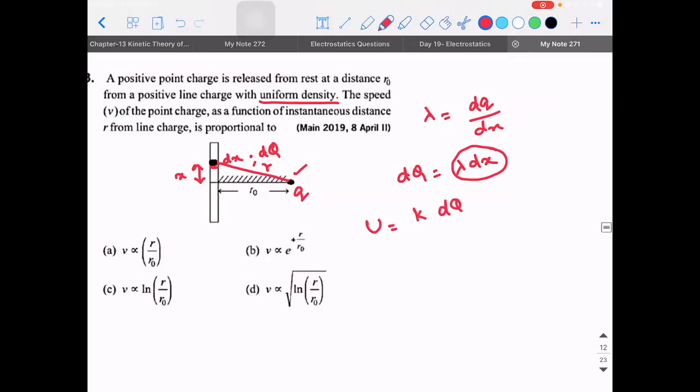K dq into q divided by r. Now how many variables are there? Three. Is it not difficult for us to solve?